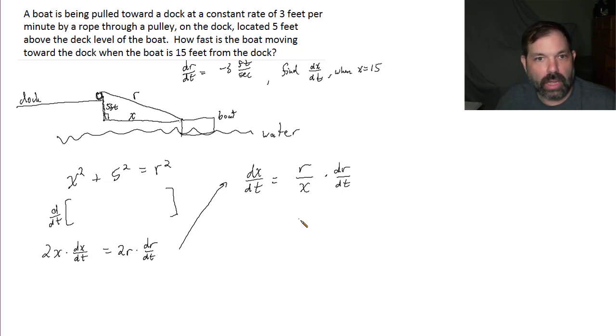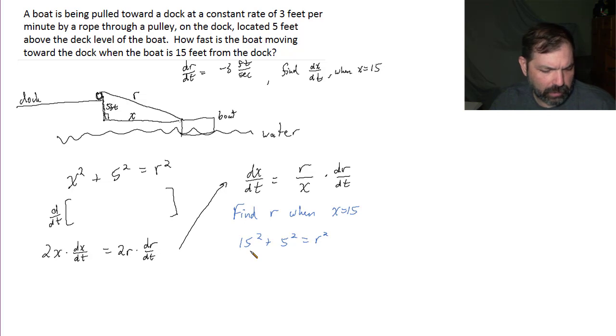So let's see, do I have everything I need? I know x, I know dr dt, I don't know r. I need to find r. So I need to find r when x equals 15. All right, if x is equal to 15, then 15 squared plus 5 squared is equal to r squared.